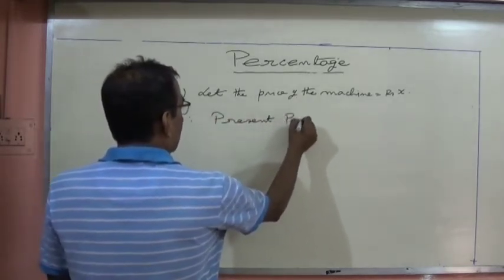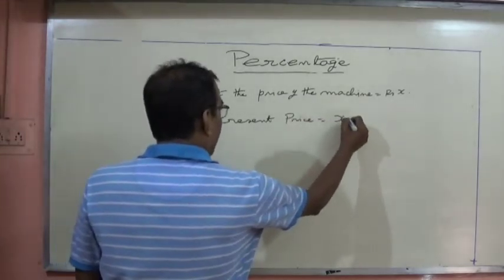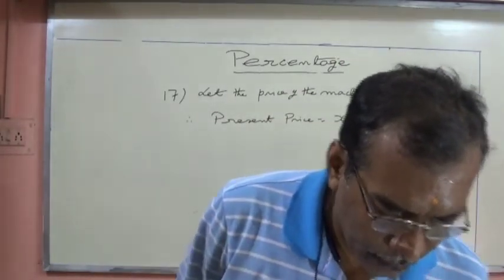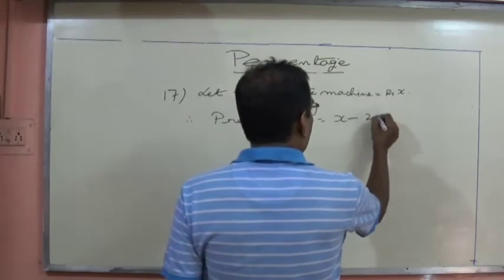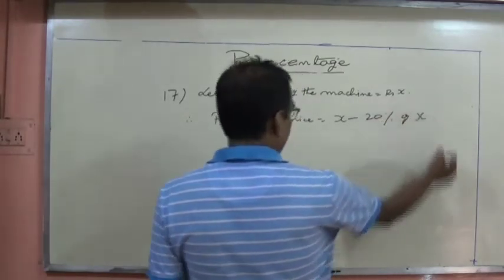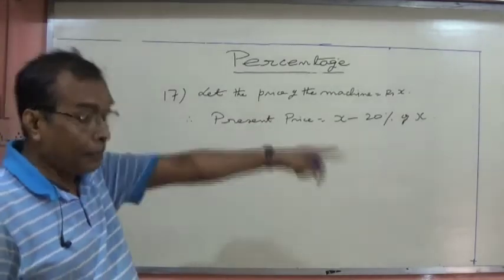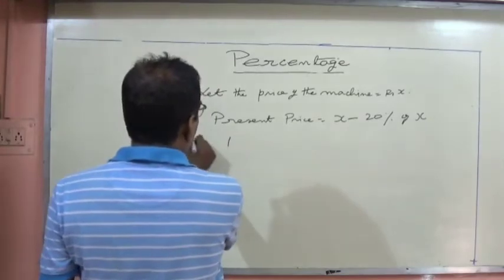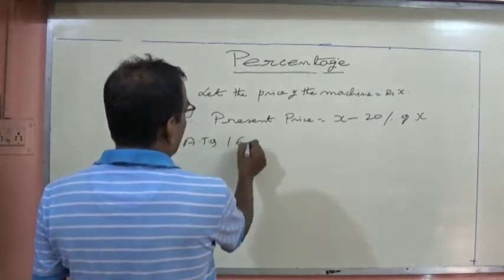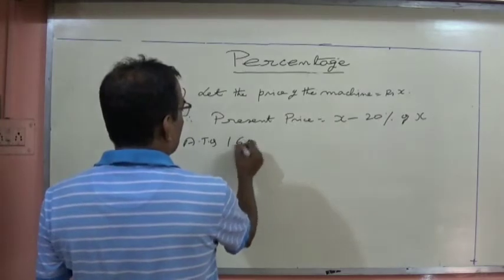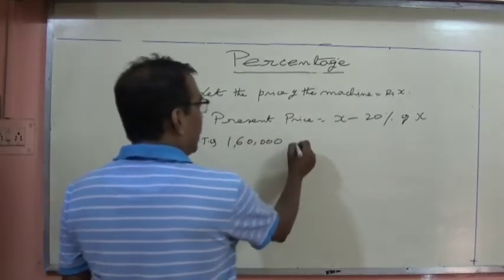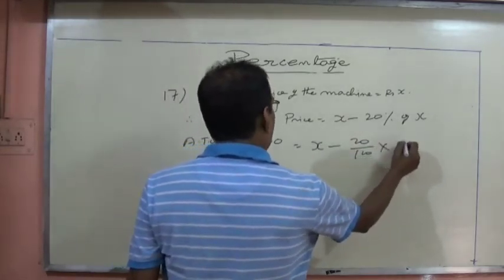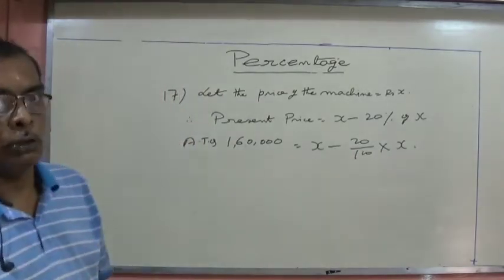Present price will be equal to X minus, it is depreciating by 20%, so 20% of X. This is the present price. And the present price is given 1,60,000. So according to the question, 1,60,000 will be equal to X minus 20% means by 100 of means into X. One equation has been formed. Now you have to solve this equation.